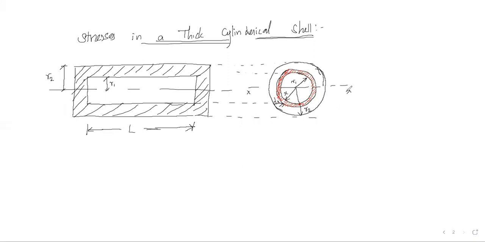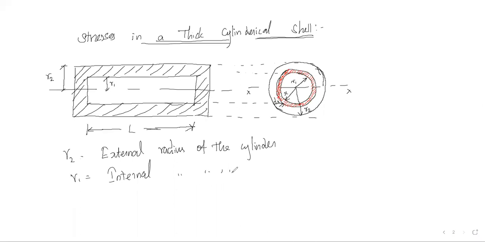Now let us move on to the notation. R2 is equal to external radius of the cylinder, and R1 is equal to internal radius of the cylinder.